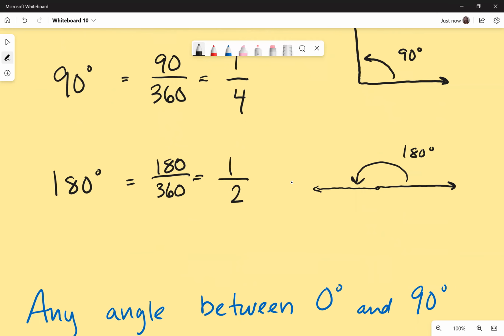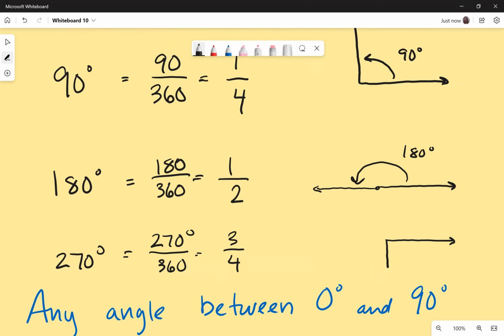And we could keep going if we had 270 degrees. Again, that would be 270 out of the 360. Simplify the fraction would be 3/4. So our angle would go 3/4 of the way around to right there.